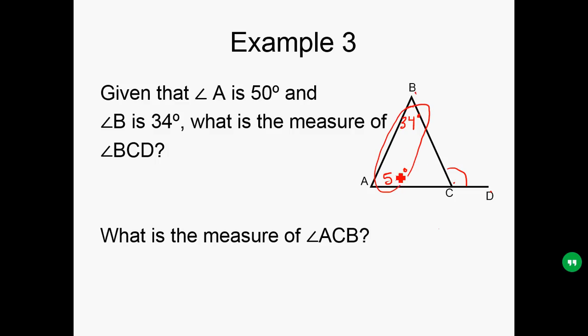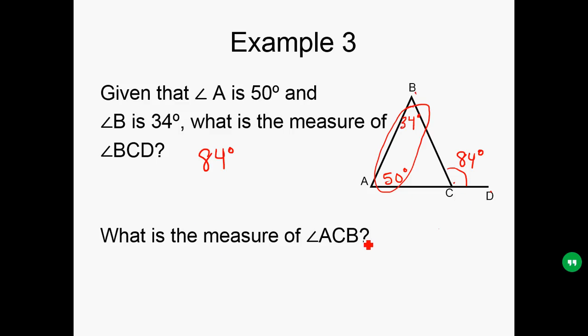So the sum of the other two angles, 5, 6, 7, 8, would be 84 degrees. This exterior angle is 84 degrees, even though it doesn't look like it. The drawing is definitely not drawn to scale.